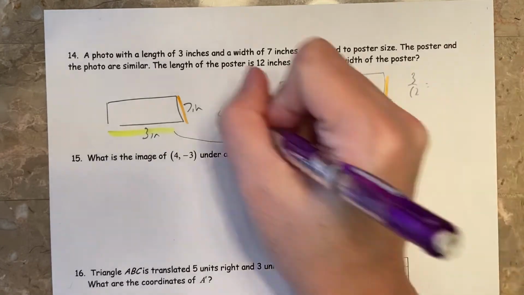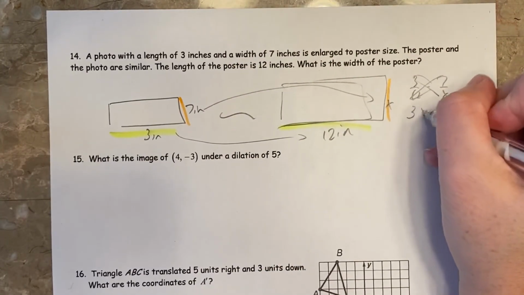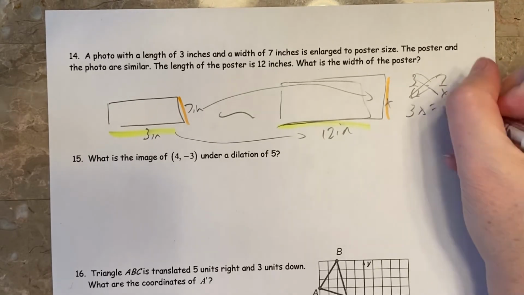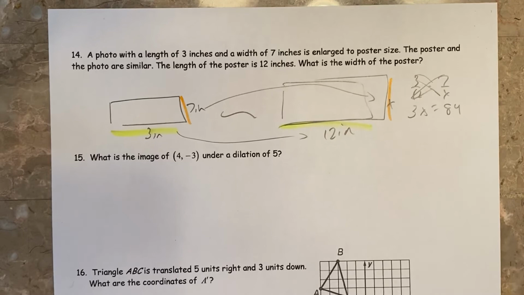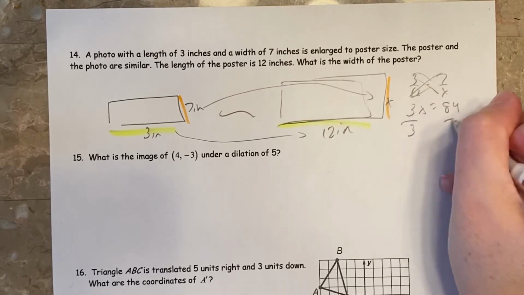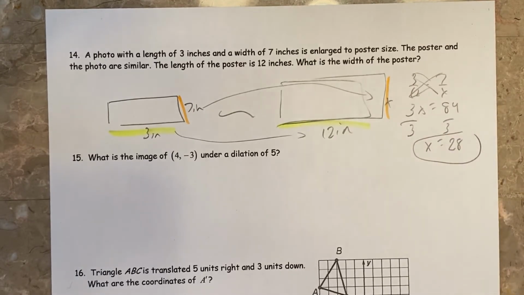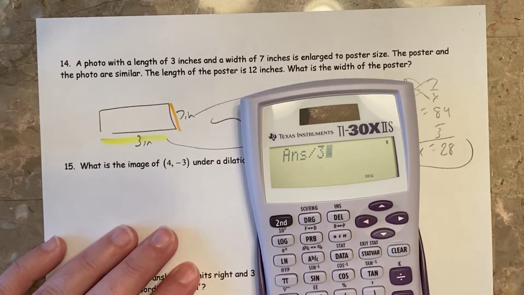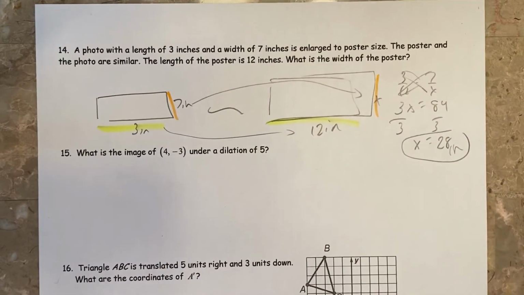So 3 over 12, and then 7 over x. Cross multiply. 3x equals 12 times 7, which is 84. Let me make sure 12 times 7 is 84. Yep, good. Divide both sides by 3, and you should get 28 inches. Okay, so if you got 28, you got it correct.